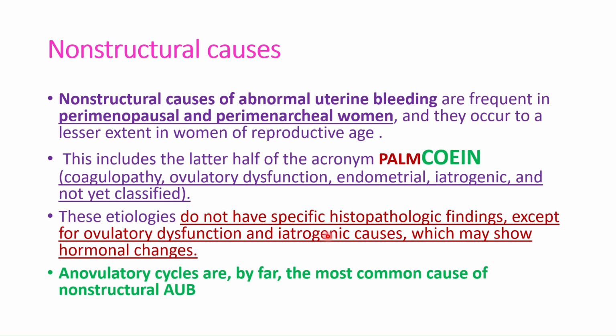These etiologies do not have specific histopathological findings except for ovulatory dysfunction and iatrogenic causes, which may show hormonal changes. So, by far, anovulatory cycles are the most common cause of non-structural AUB.